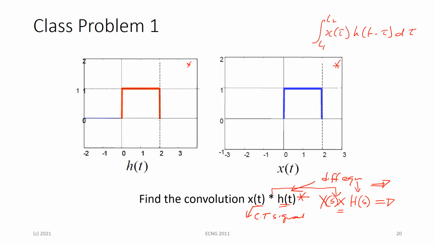So what you're being asked to do first off, the steps involved, is that you're given h(t) and x(t), then you change the variable from t to some other dummy variable. Why? Because you can't integrate with respect to the same variable that you are trying to substitute.